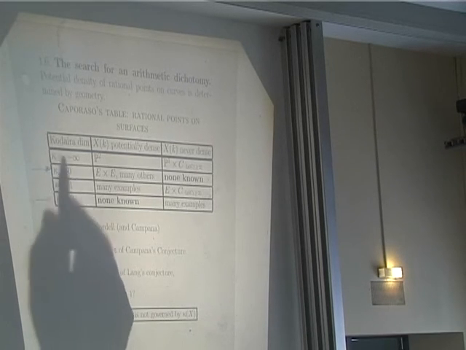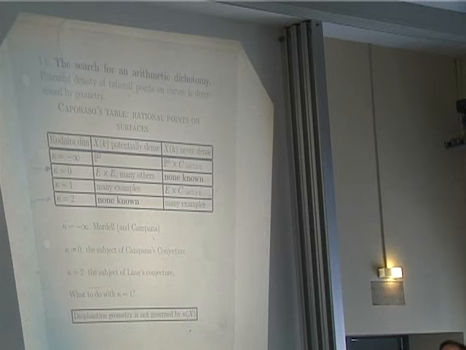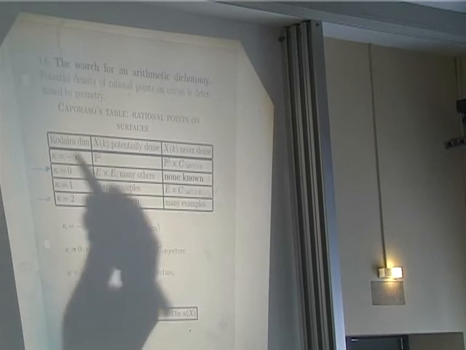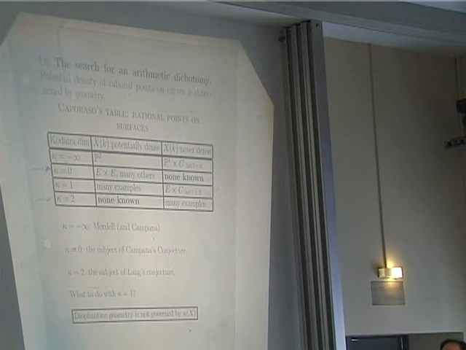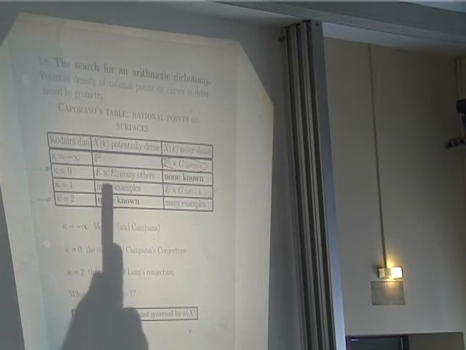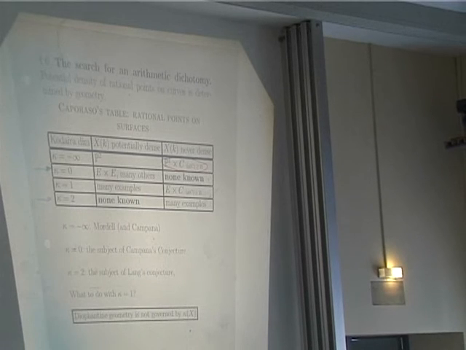In the Kodaira dimension minus infinity case, we have a complete dichotomy just like in curves. If you have a rational surface, then it has a lot of rational points. And if you have something that is birational to P1 cross a curve of genus bigger than 1, then rational points cannot be dense because they have to map to rational points on the curve. We have a similar case here in Kodaira dimension 1. There are many examples, and I'll give you one, of surfaces of Kodaira dimension 1 which have potentially dense rational points.